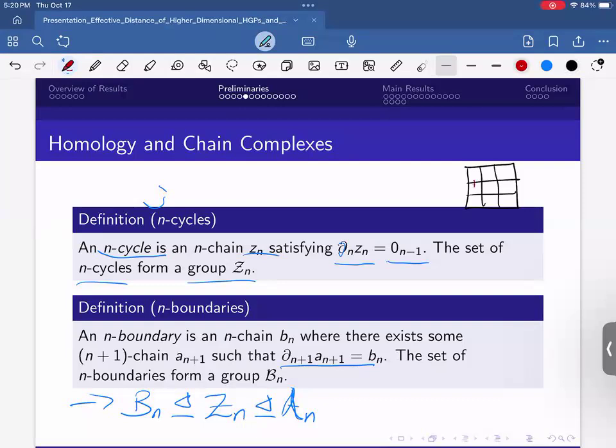If I have a one chain that looks like this, you can see that it is an N cycle, because the boundary of the cycle would be this thing, this thing, this thing, this thing. But because they all overlap together, the boundary of the first red one would be this thing and this thing.